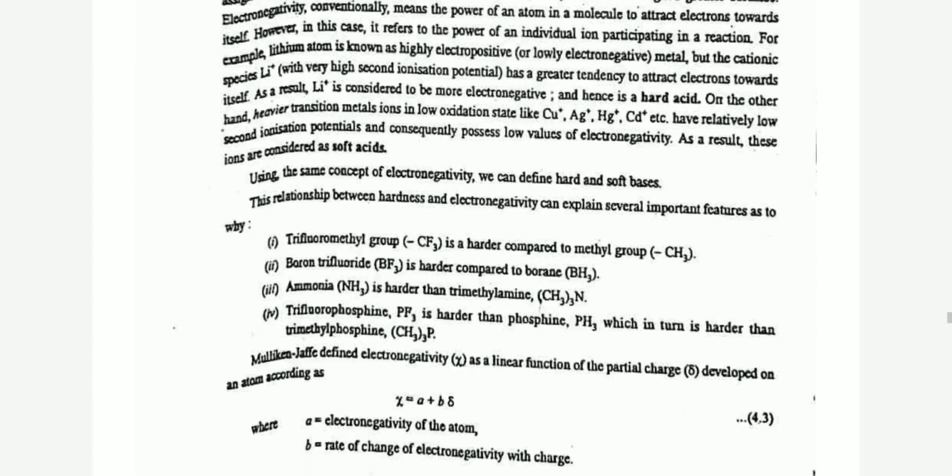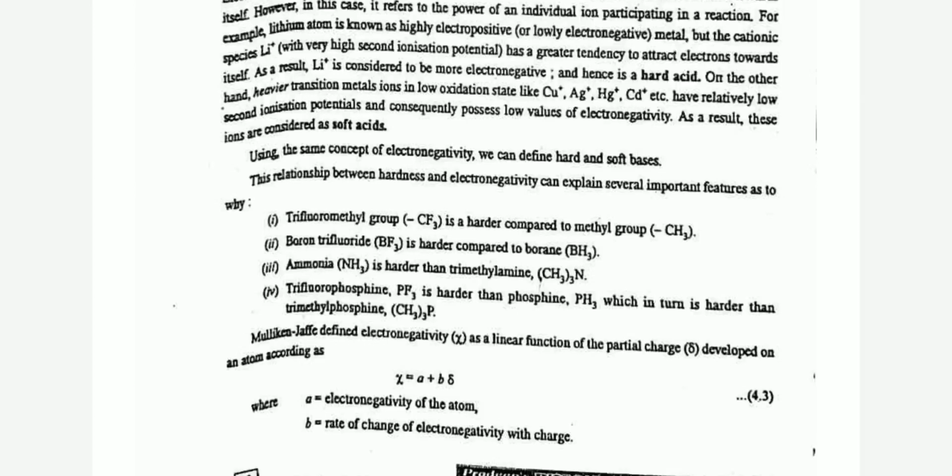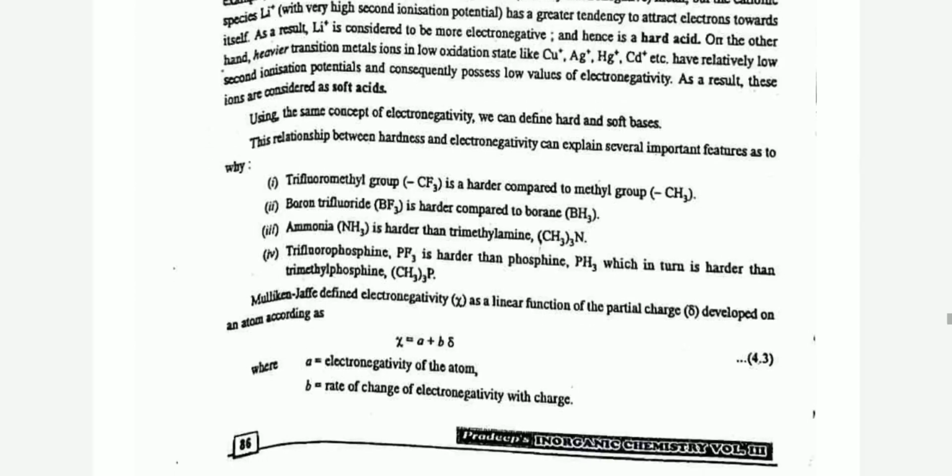On the other hand, heavier transition metal ions in low oxidation states like Cu+, Ag+, Hg+, Cd+, etc. have relatively low second ionization potentials and consequently possess low values of electronegativity. As a result, these ions are considered as soft acids. Using the same concept of electronegativity, we can define hard and soft bases.